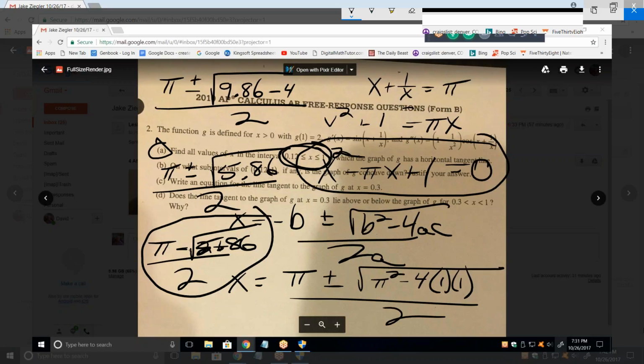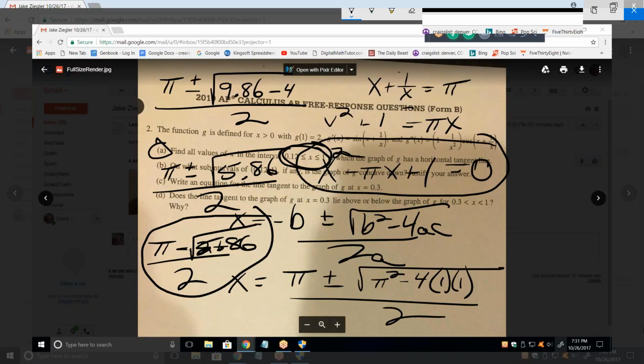Would you say they're just a waste of time because they're so hard? I'm not saying they're a waste of time. If you have a 180 IQ and you get through the AP calculus questions and you have time to work on the free response questions, then you can do them. But I'm just telling you that they are the toughest of all of the questions on the AP exam.